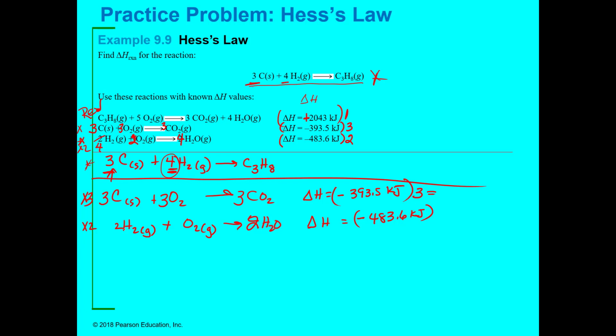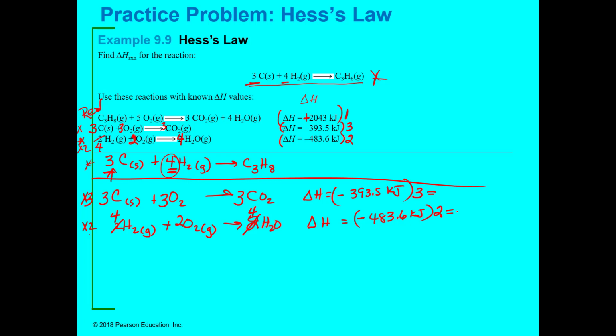Because I had 2 of these to start with and 2 of those. So when I multiply 2 times 2, that's 4. 2 times 1 is 2. And 2 times 2 is 4. And I'm going to show you why it's important to keep up with that in a minute.